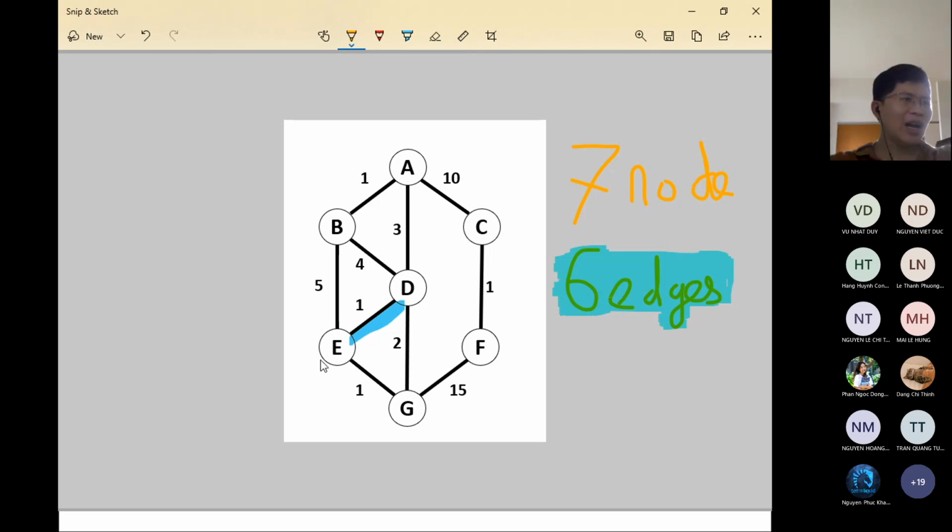So D and E, I will use D for both. This is the label. Then when I take this edge, let's say C and F, I take the smaller name as the label, C and C. Now I take this one, another one, so I will use the smallest label, D, D, D.